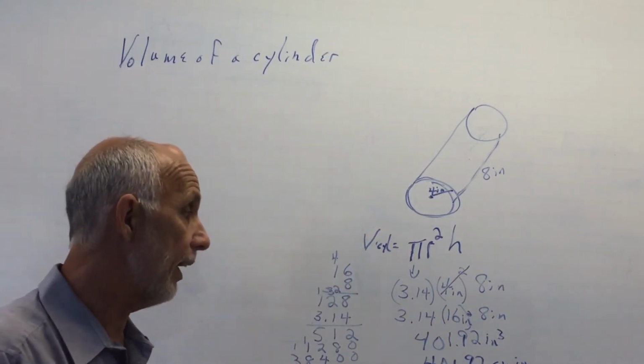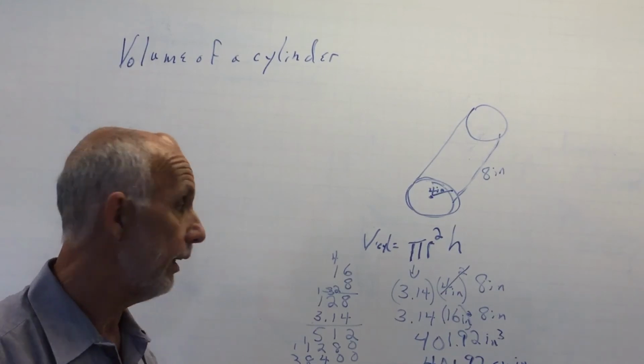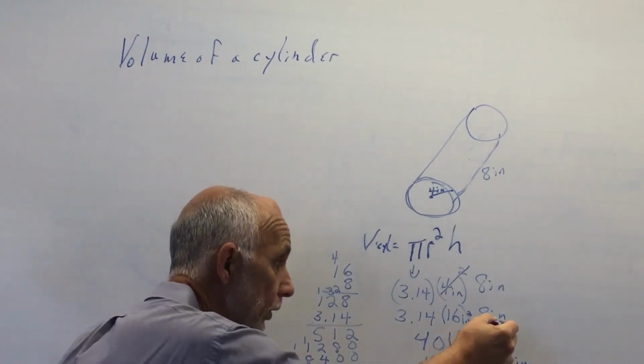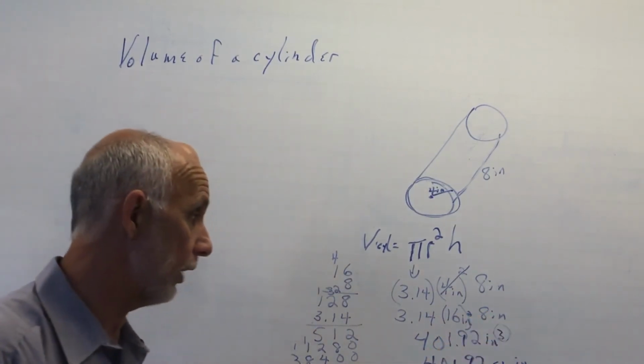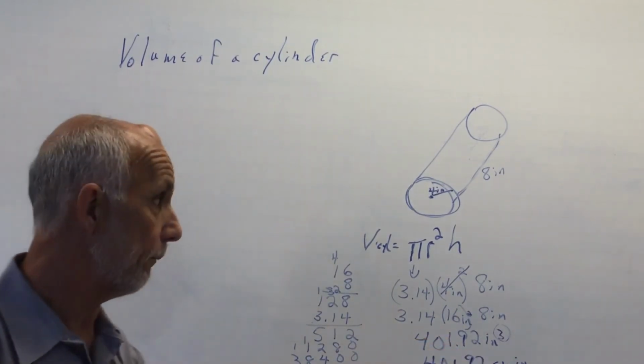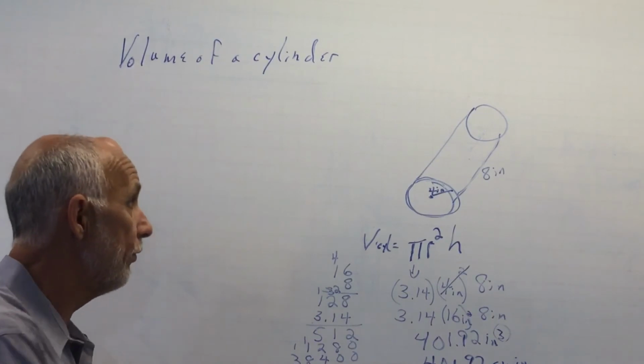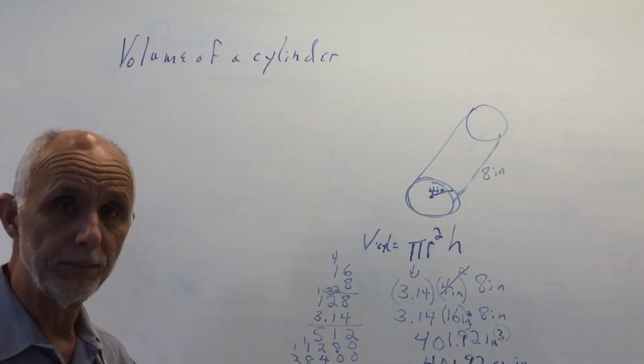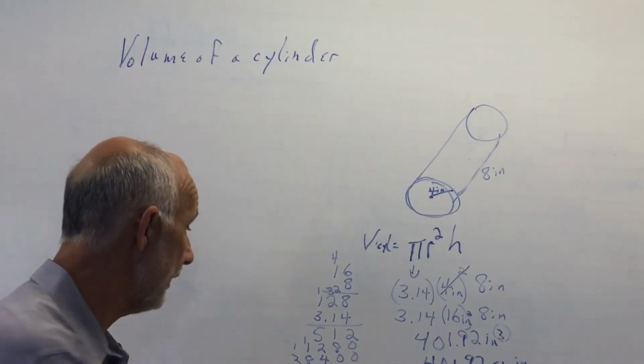And don't put in cu. If you want inches cubed, you have to use the cube sign, the third power sign. You don't write it out, but you can do cu in. So again, you find the area of the bottom and multiply it times the height.